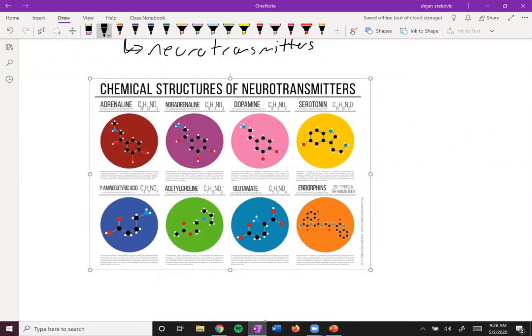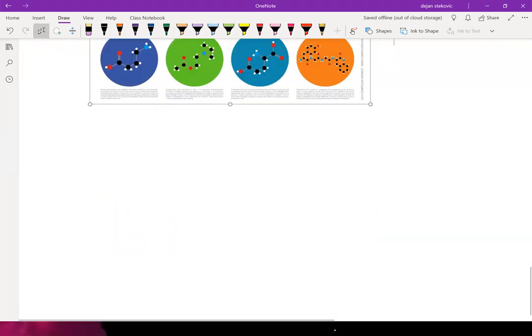And all these little black circles are carbon. And so you can see most of these are carbons. And if you look at the formula, carbon, hydrogen, nitrogen, oxygen, right? Those are the components of all of these things. So again, organic chemistry.